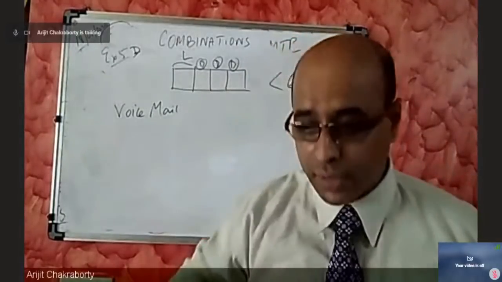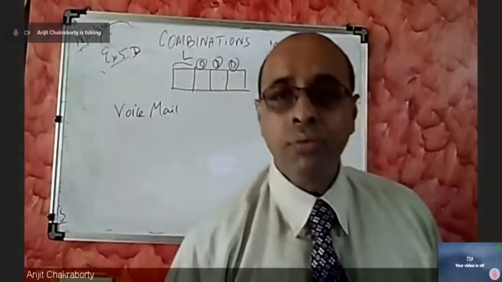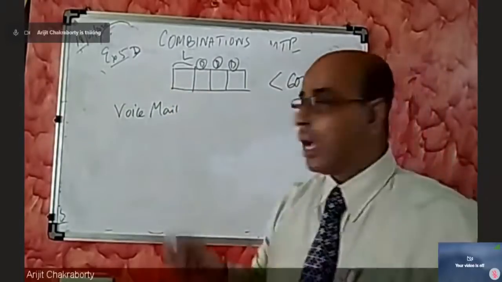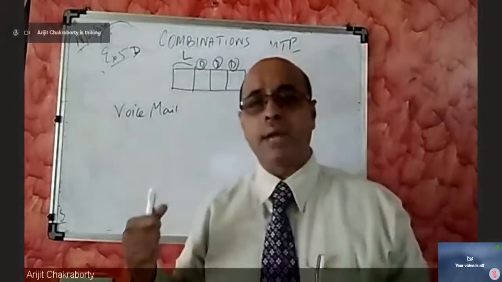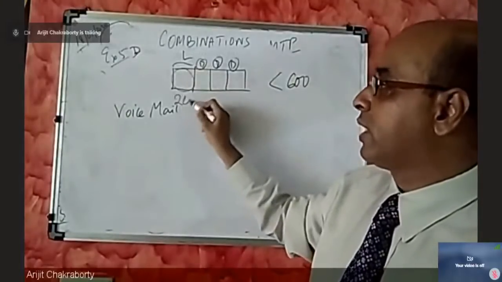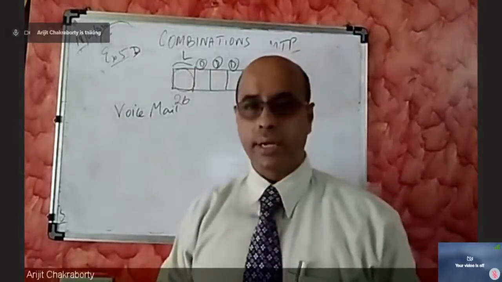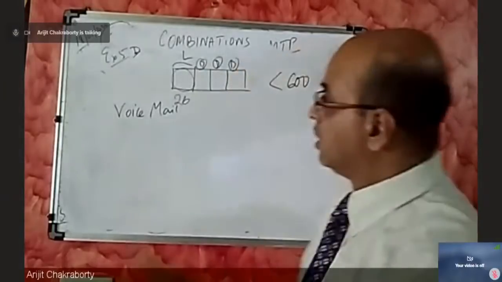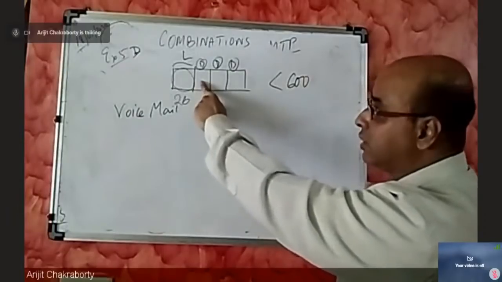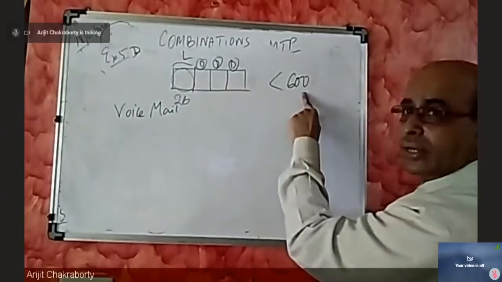Let's see how to solve this. First point to be noted is, this is a letter. How many letters are there in the English alphabet? You have 26. So this place can be occupied in 26 ways. Now, the first digit, whatever you write here, these 3 digits should be less than 600.